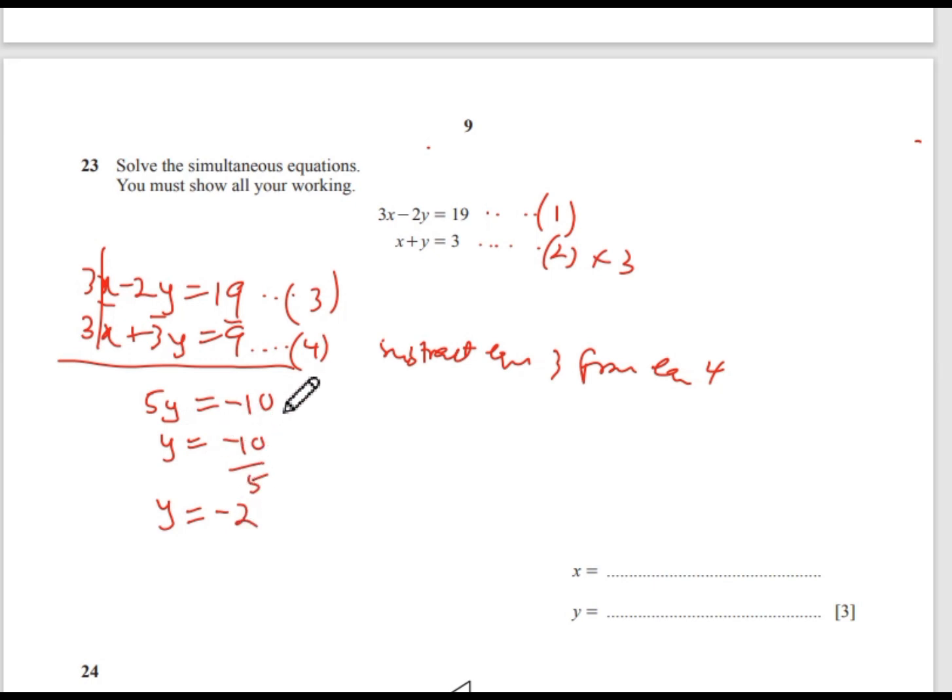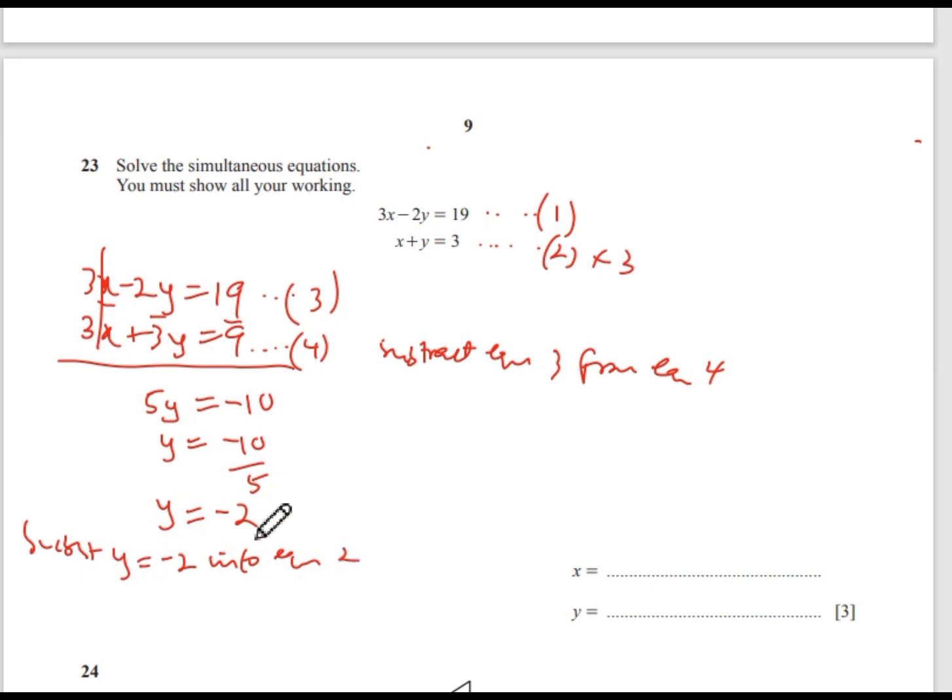We've gotten the value of y. To get the value of x, we substitute into either equation 1, 2, 3, or 4. I think equation 2 will be easier, so substitute y equals negative 2 into equation 2.